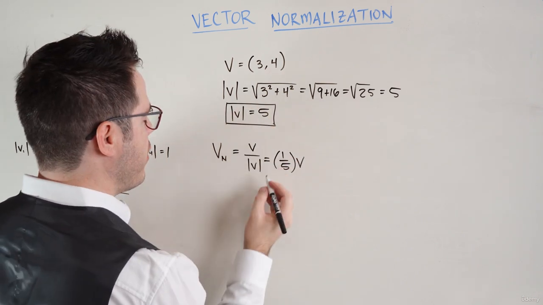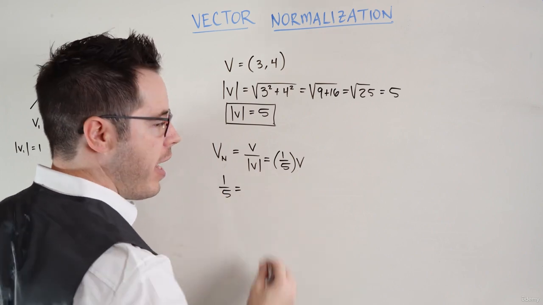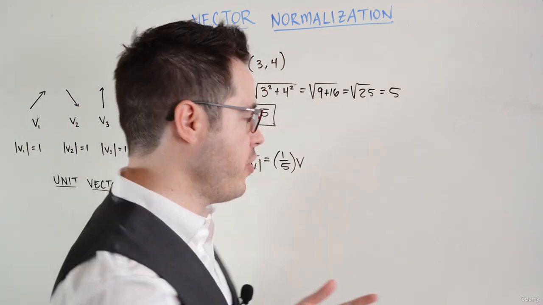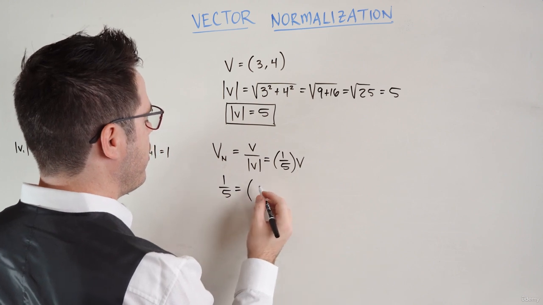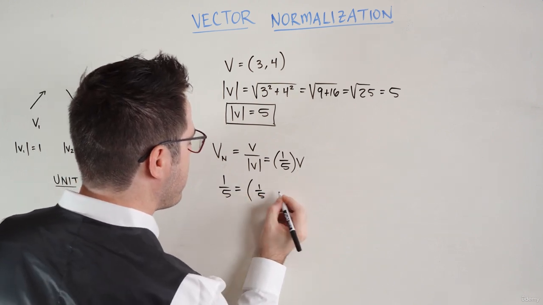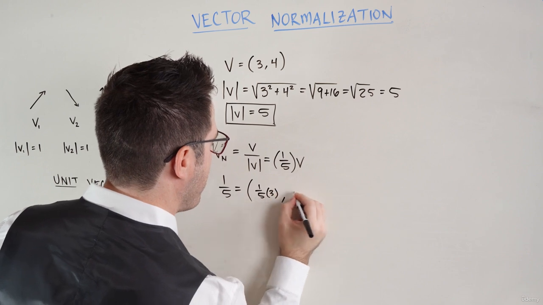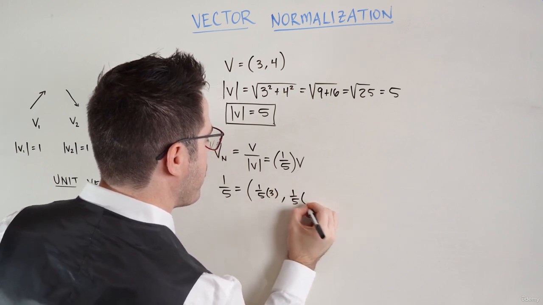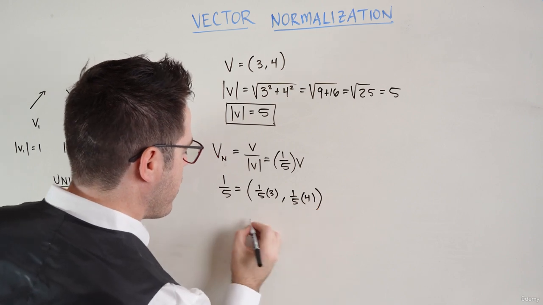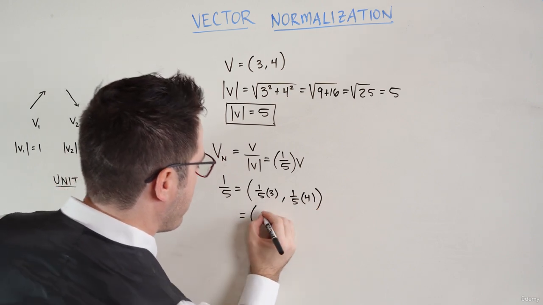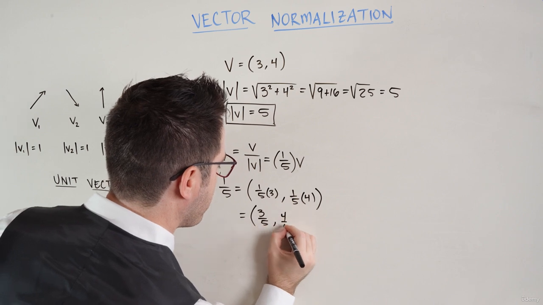So we can take the vector v and multiply by 1/5, which, as we've seen with vector multiplication by a scalar, is simply going to result in the vector 1/5 times the x component, which is 3, and 1/5 times the y component, which is 4. This simplifies to the vector 3/5, 4/5.